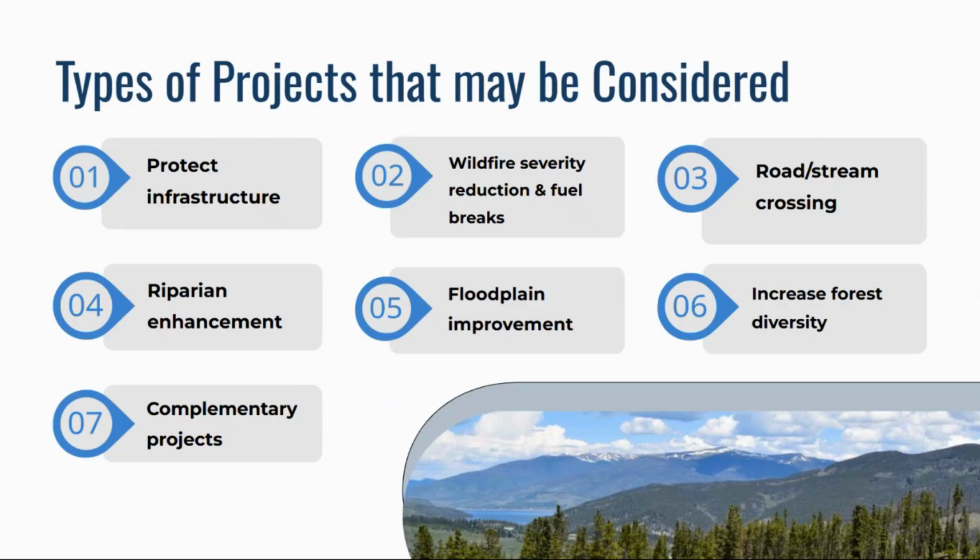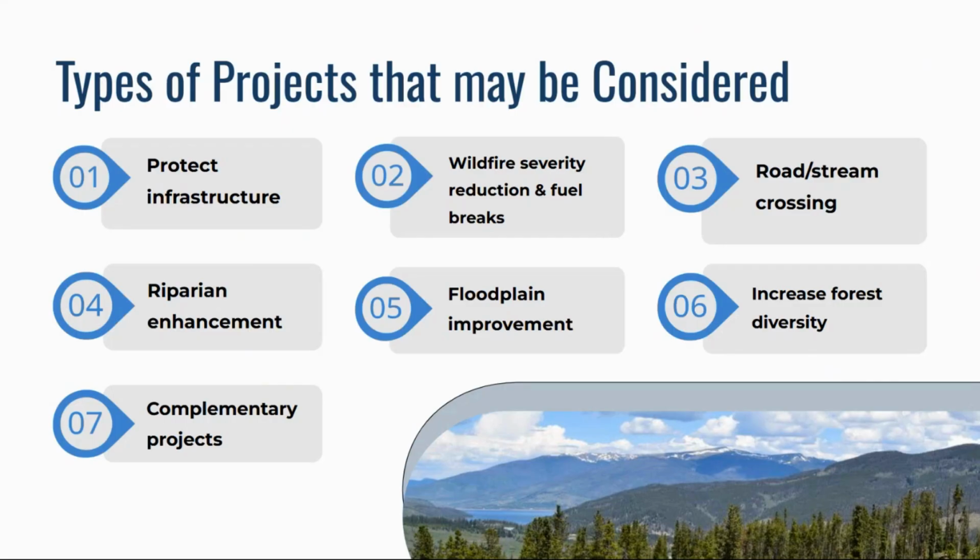Sometimes streams get really incised and they can't access that floodplain. That's not as good for having floods access those floodplains and deposit some of their sediment. There's a lot of things we as humans have done to our streams that have caused them to not function very well anymore, and there are places we can improve their function.